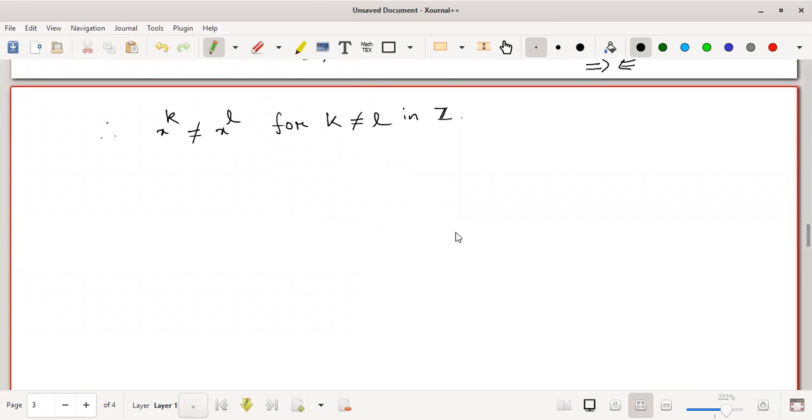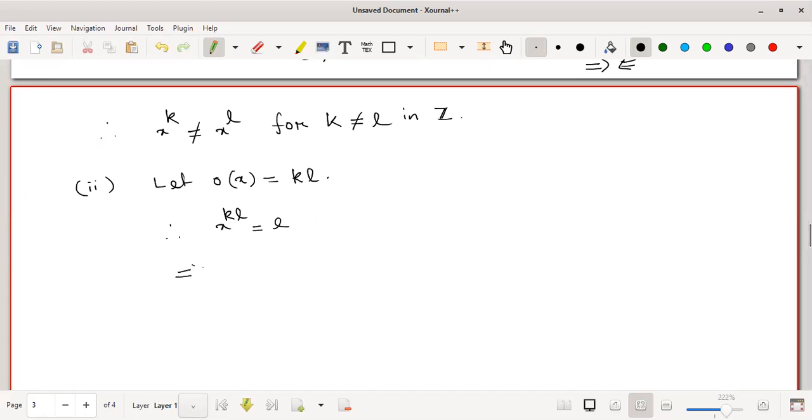Next, number 2. Let the order of x be equal to kl. Therefore x to the power kl is equal to identity.